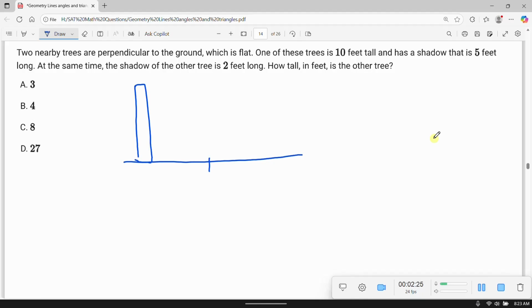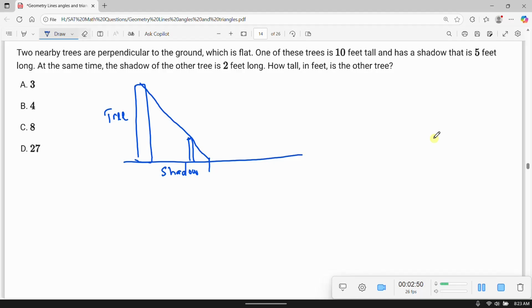The shadow is on the ground, and this is the tree. At the same time, the shadow of the other tree is 2 feet long. So there is another smaller tree. It's right here. So the diagram looks like that.